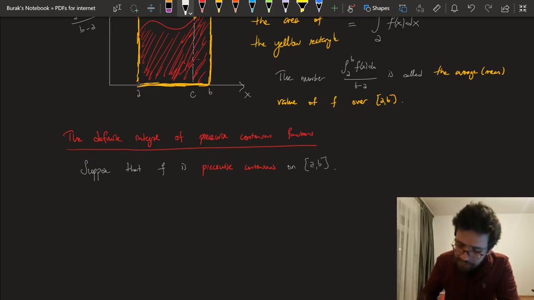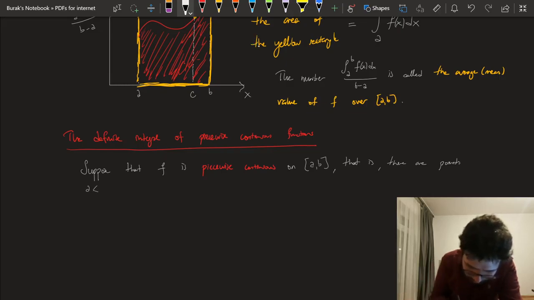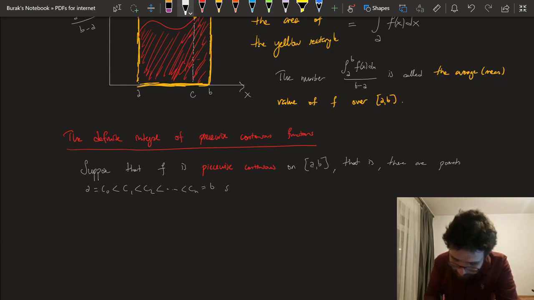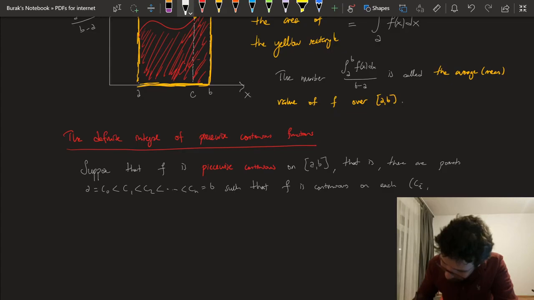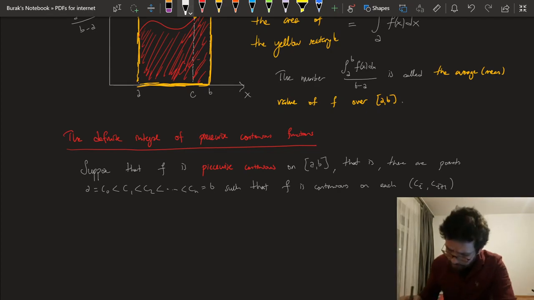Now, piecewise continuous simply means the following: there are points a equals c0 less than c1 less than c2 less than ... less than cn, which is equal to b, such that f is continuous on each open interval (ci, ci+1). Suppose that blah blah blah.